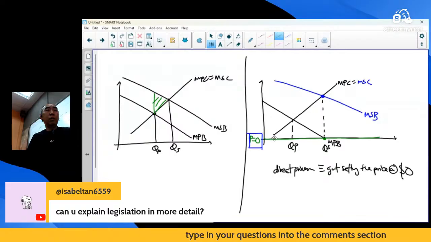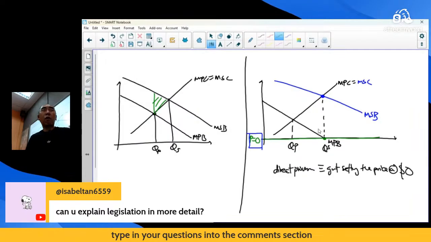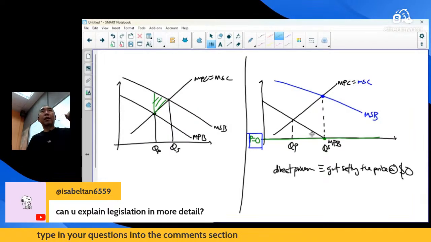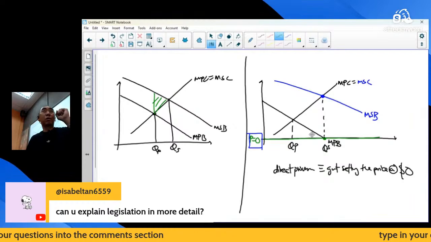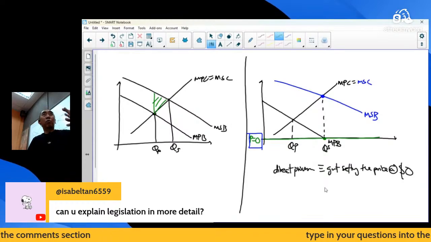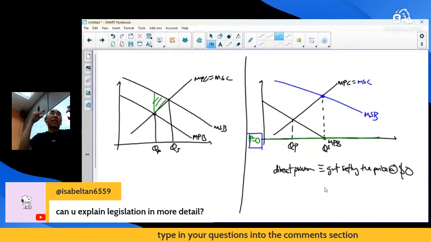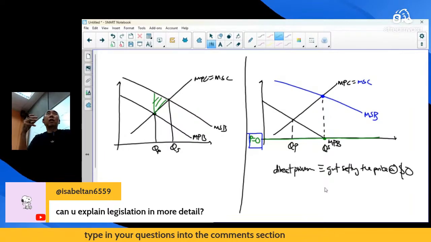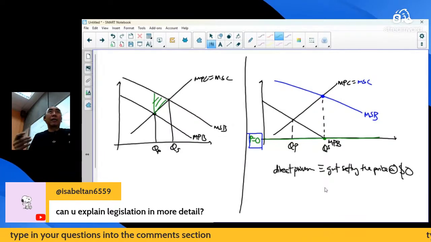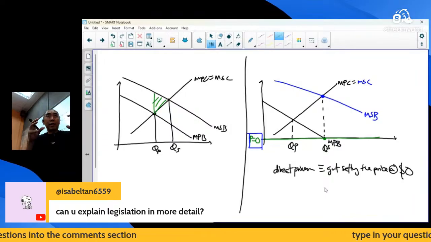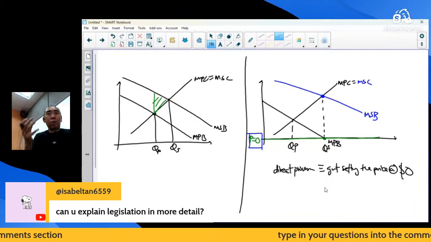You don't really need to draw a graph for legislation. You simply say that the government makes it compulsory for the good to be consumed so that everybody will consume vaccination. In theory, this will enjoy the maximum external benefits that vaccinations can bring about for the society.